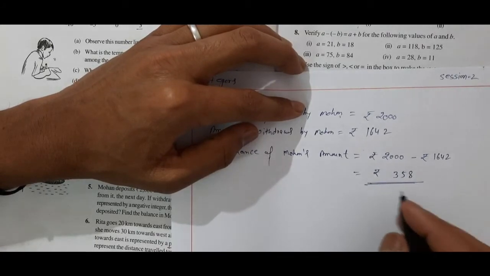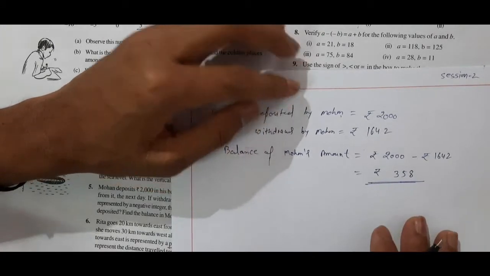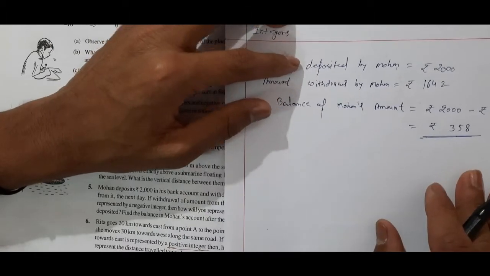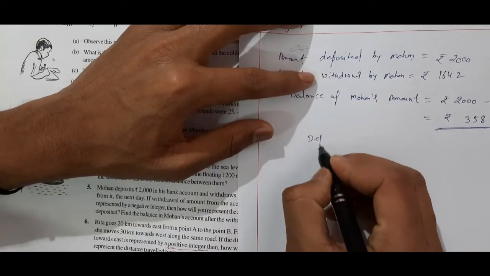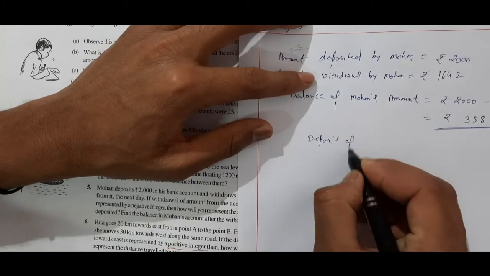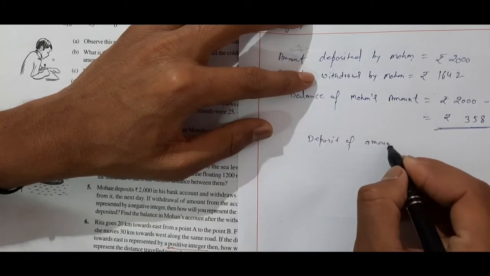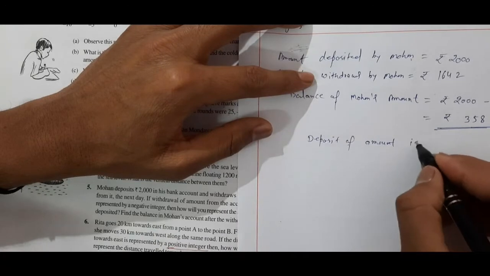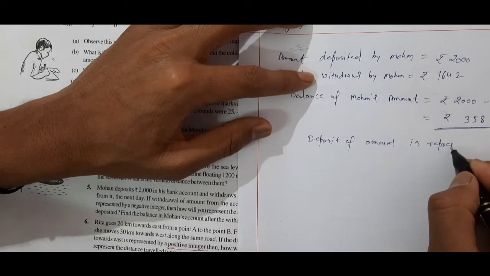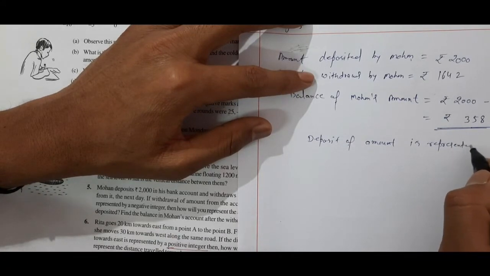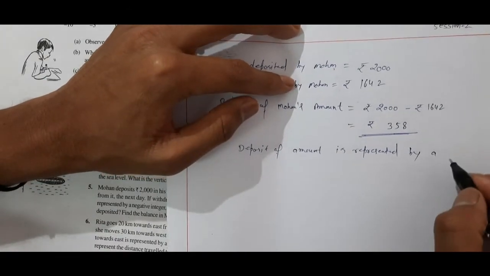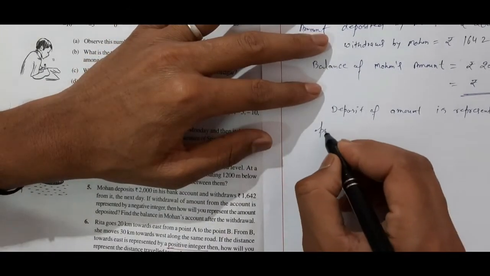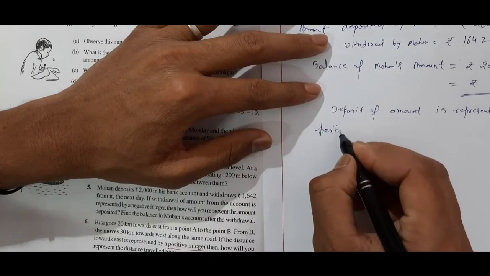Now the balance of Mohan's account is 358, and the deposit of an amount is represented by a positive integer.